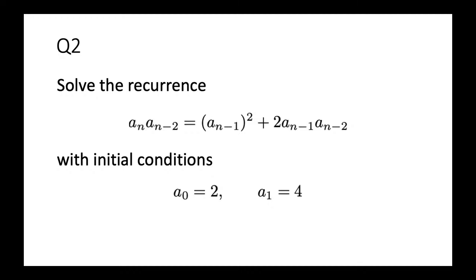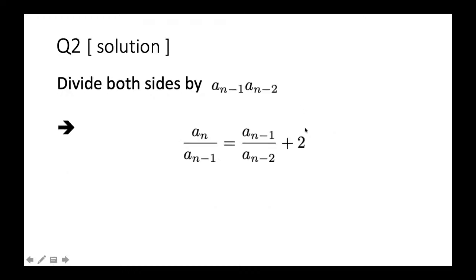The trick here is we divide everything by an minus 1, an minus 2. We divide everything by the product. So if this is the case, then we can see that the left-hand side will become an divided by an minus 1. The an minus 1 square term will now become an minus 1 divided by an minus 2.